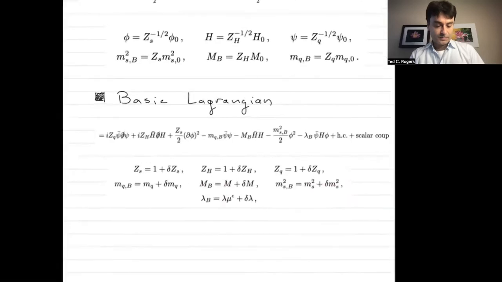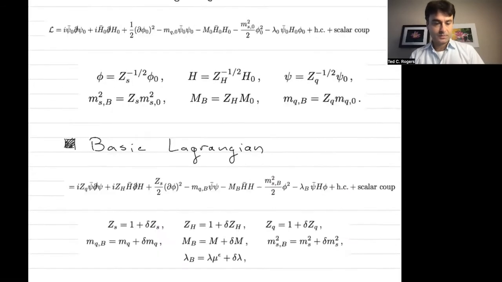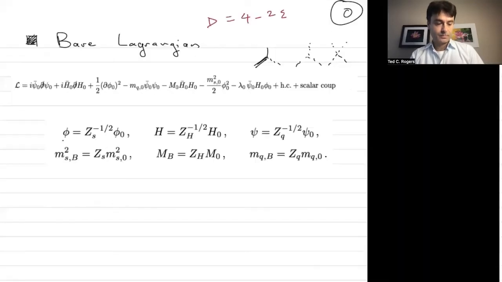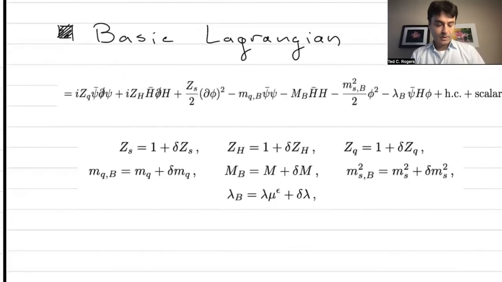And then for lambda_B, the coupling of the theory, this triple coupling right here, we'll write that as just a lambda without any subscripts or any other decorations times an arbitrary scale mu raised to the epsilon. So this is the minimal subtraction mu that we're ultimately going to want to use. And then plus a delta lambda to relate that back to the original basic lambda.